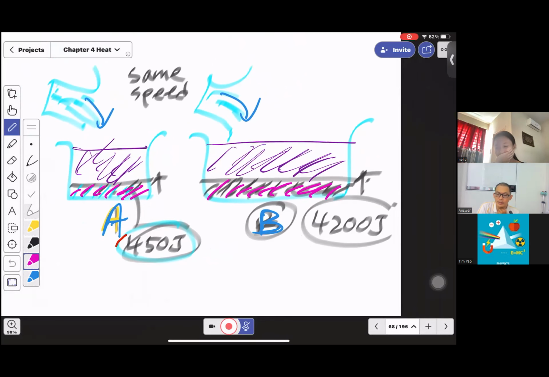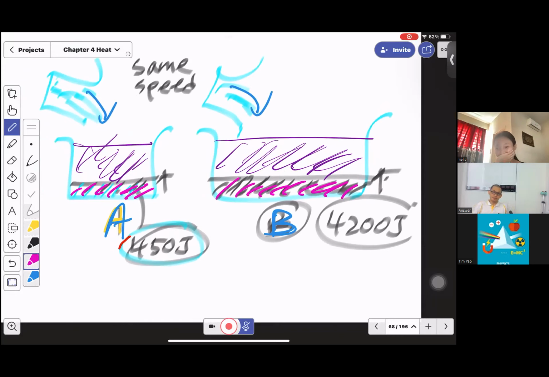But anyway, which one has the bigger capacity? A or B? Which container gives a bigger capacity? Capacity means bigger volume.